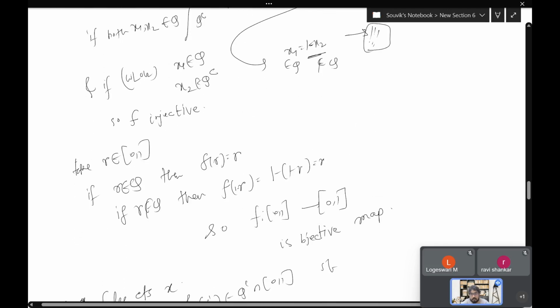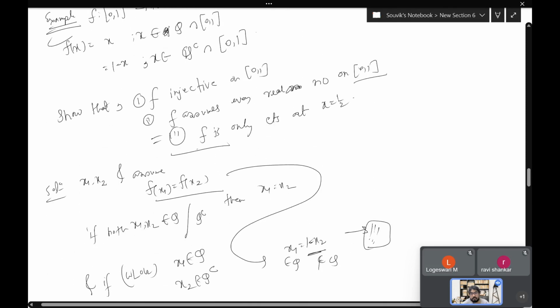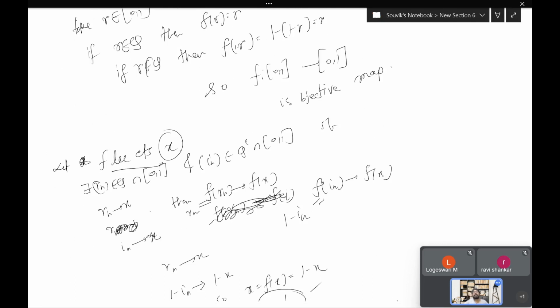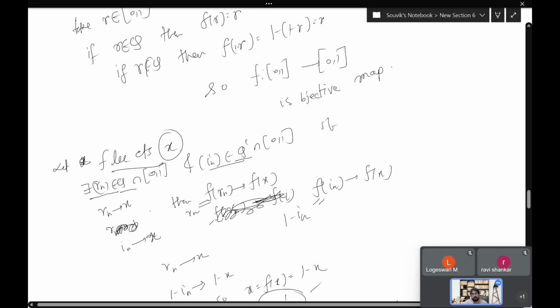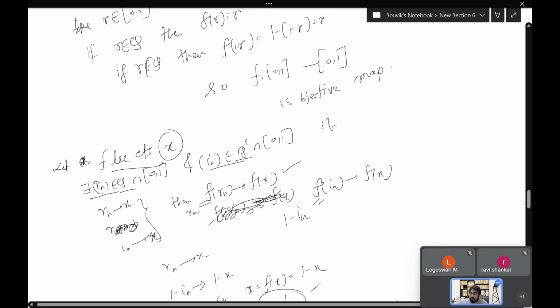So for part three, we need to show that it's continuous only at x equal to half. We choose an arbitrary x and assume that f is continuous at x. By the density of rationals and irrationals, we can get a sequence of rational numbers r_n and a sequence of irrational numbers i_n converging to x. Since f is continuous at x, f(r_n) converges to f(x) and f(i_n) converges to f(x).